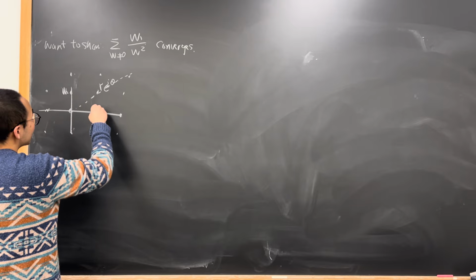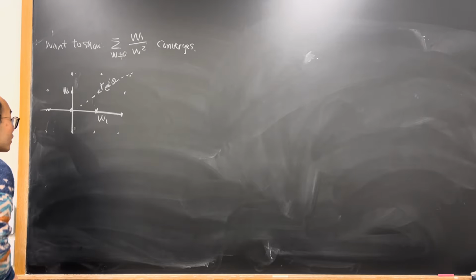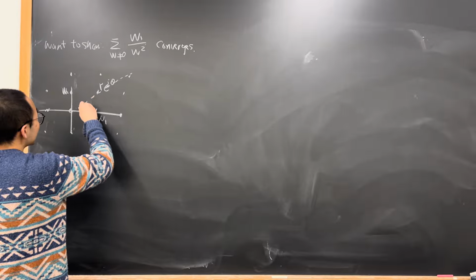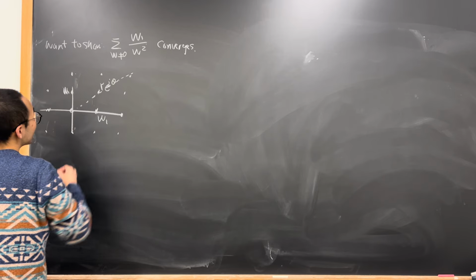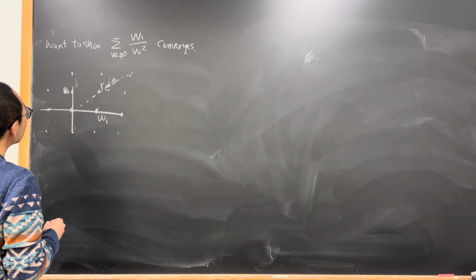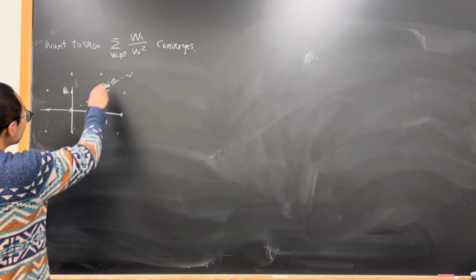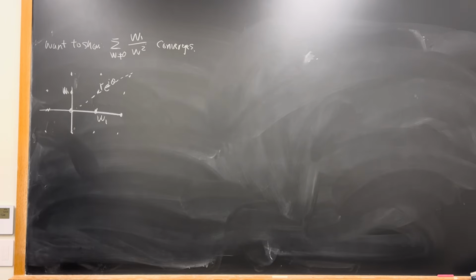So this is like a similar triangle here. They have the same slope, so they are on the same line.